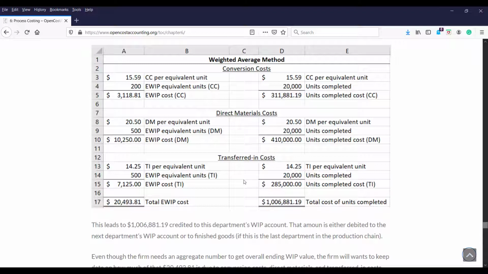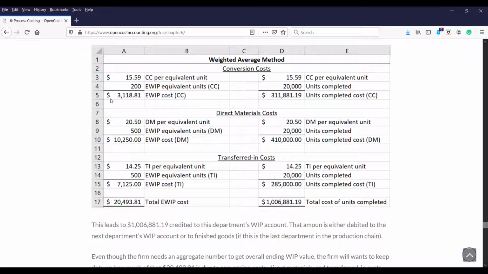So what you do then is sum up each of these three totals, and you end up with a total ending WIP cost of $20,493.81. That's this number plus this number plus this number: our conversion cost plus direct materials plus transferred in cost equals our total ending WIP cost. Now, again, in the system, these three will be marked separately.